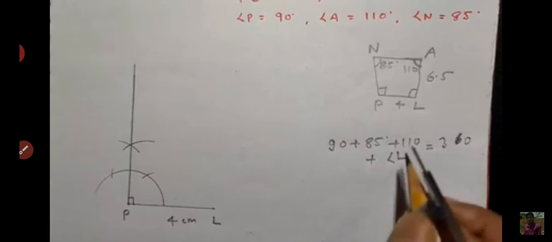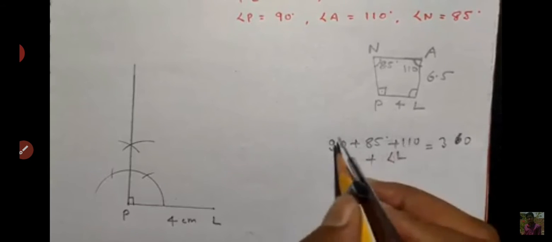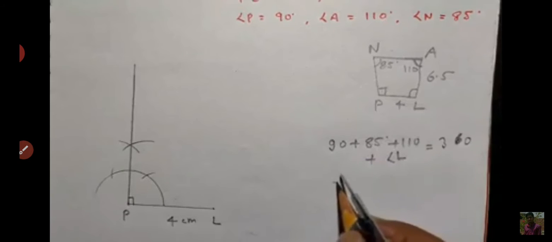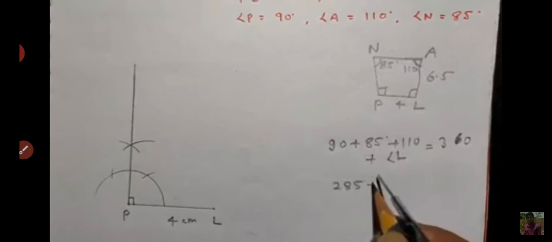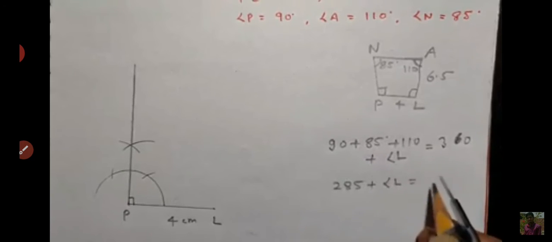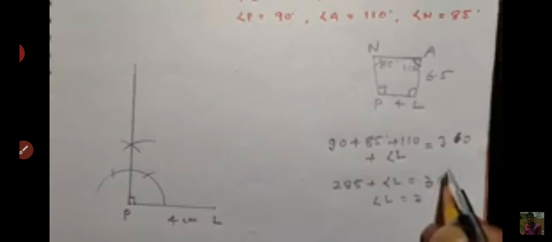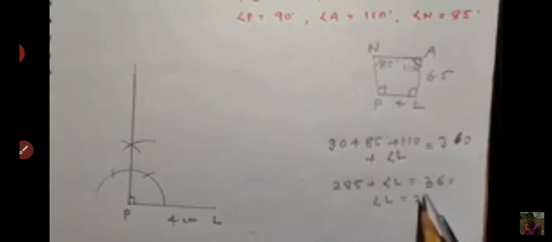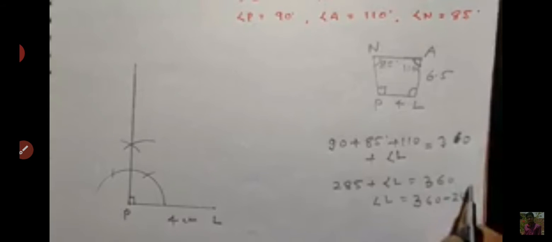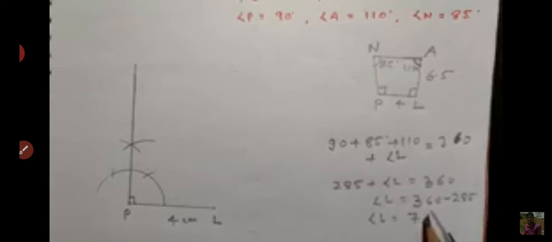Then we find L. Okay, what is angle L? 285 plus angle L is equal to 360 degree. 360 minus 285, that is 75 degree. Now we know angle L.